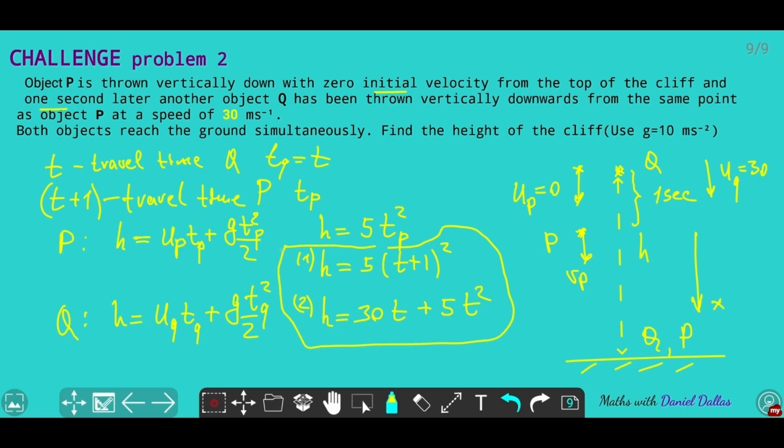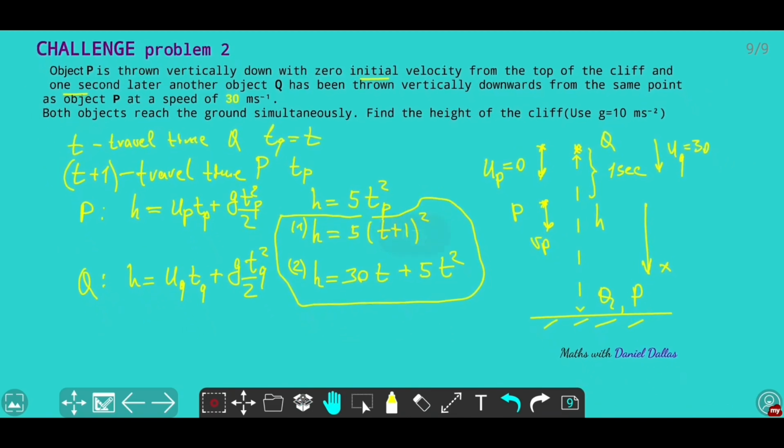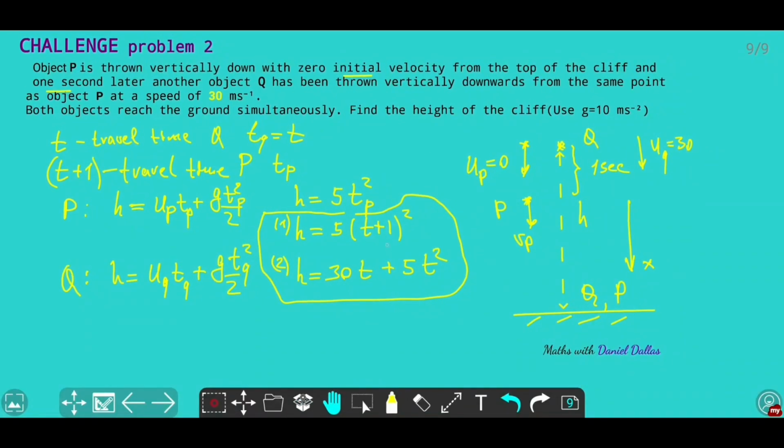Now we have both values h and t, so we can resolve with respect to h because we need to find the height. But maybe it's easier for now if we find the travel time t, and we will find the height finally. Just because I have h on both sides, let's first find the travel time t.